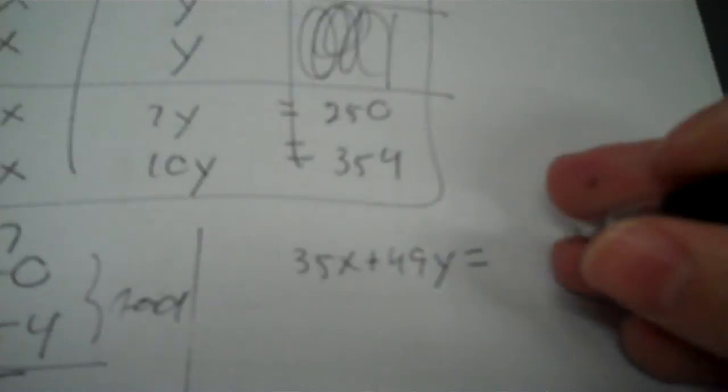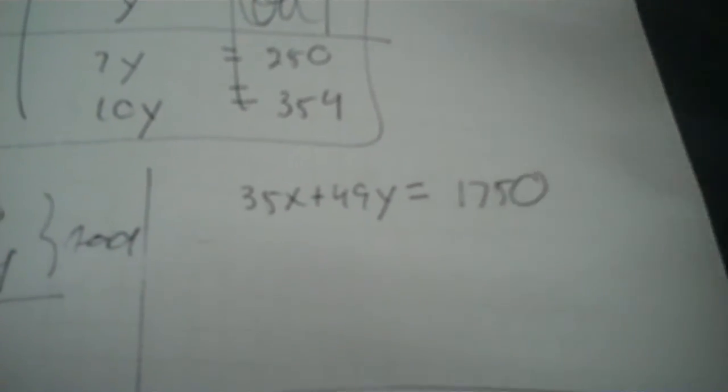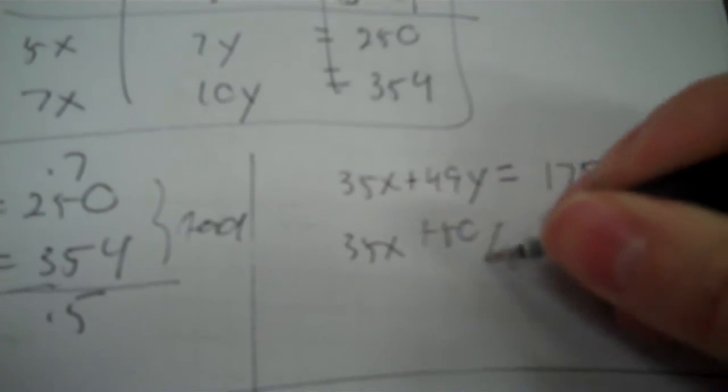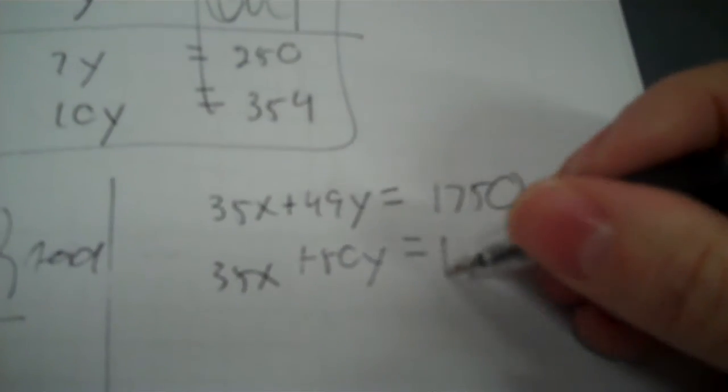Then 250 times 7 is 1,750. Now the bottom, you get the same thing, 35x, but then we got 10 times 5, which is 50y. And then I take 354 times 5, and that's 1,770.